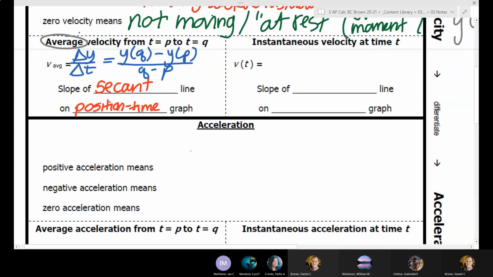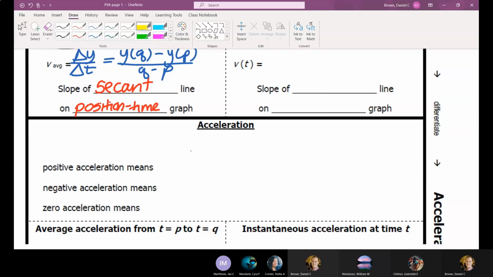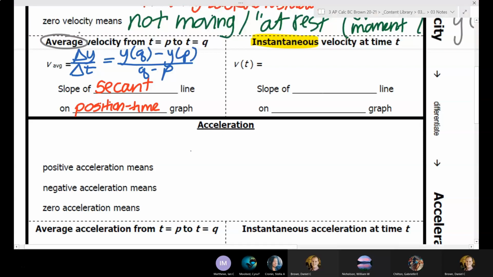You can definitely expect to see questions asking for the average velocity. But where the calculus comes into play is when you see something like the instantaneous velocity. The instantaneous velocity is the velocity at a certain point. I'm going to think of it as dy/dt, which we could also write as y prime.